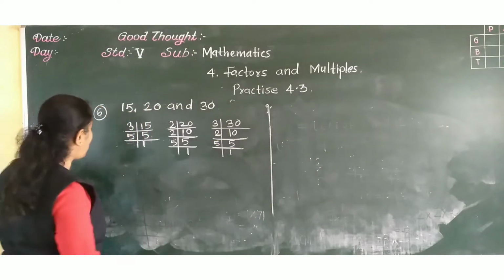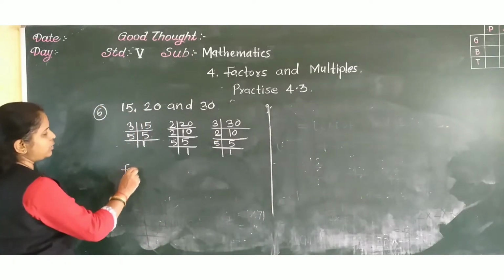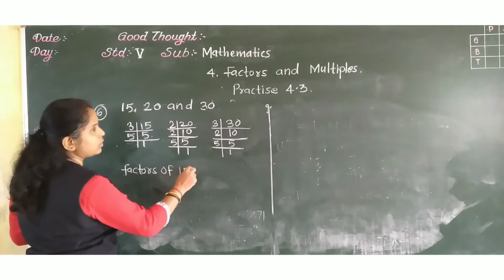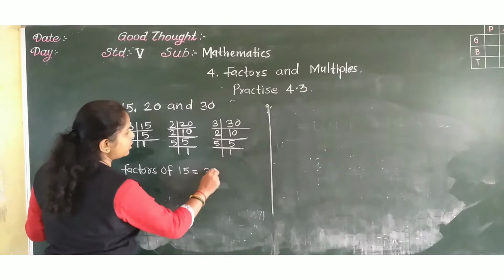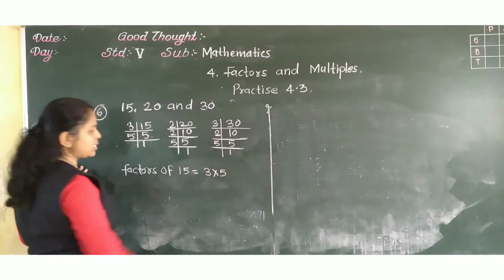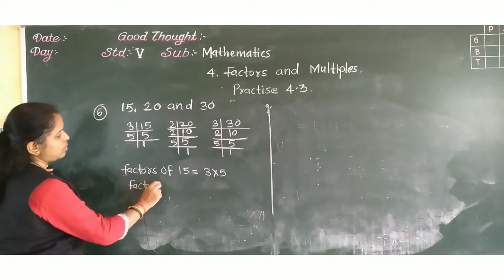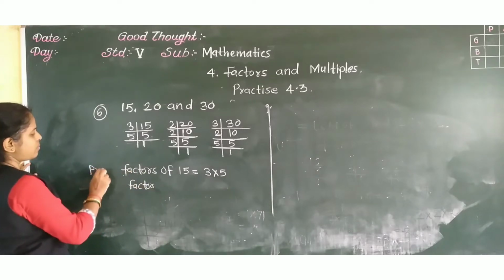Got it? Now we will write prime factors of 15 is equal to 3 into 5. See, 3 5s are 15, and these are prime factors.